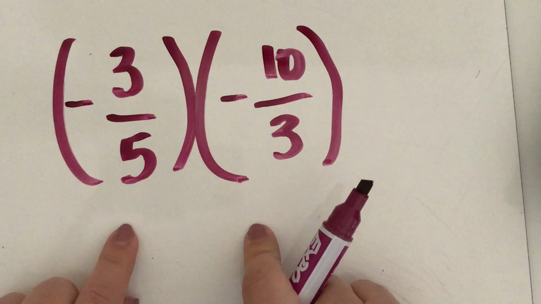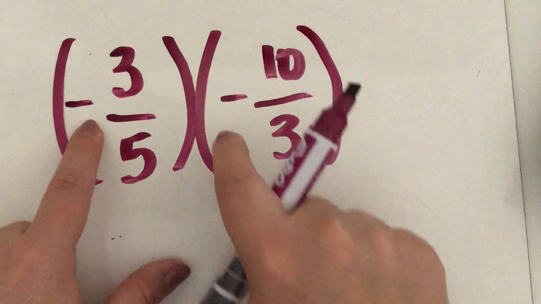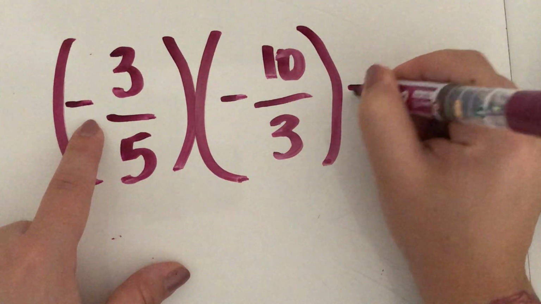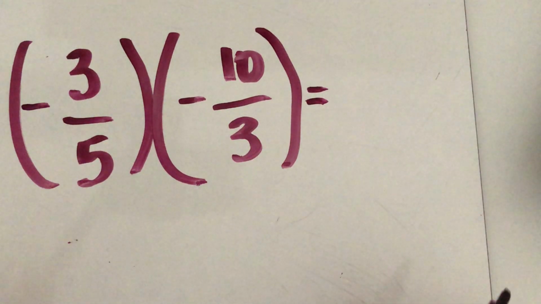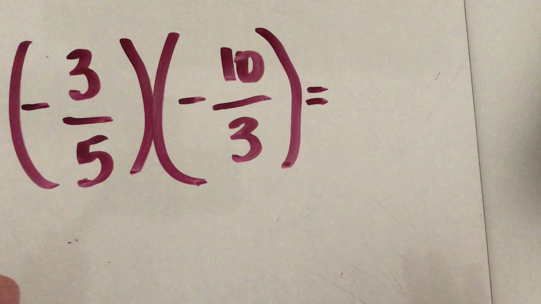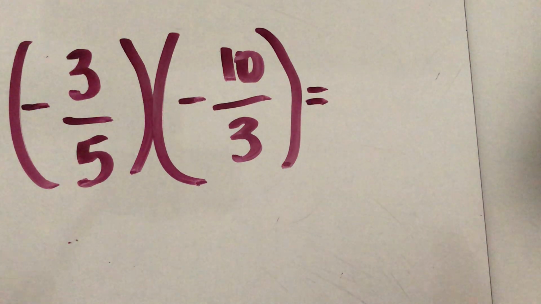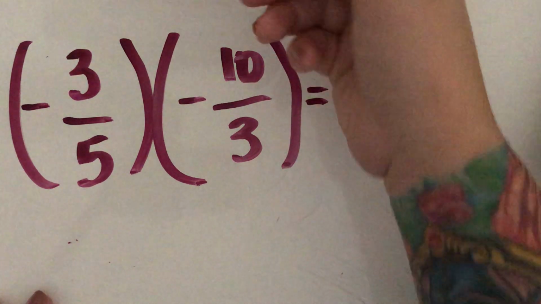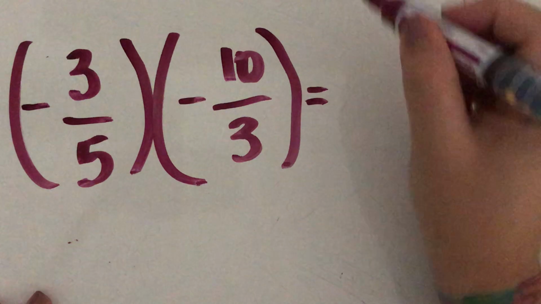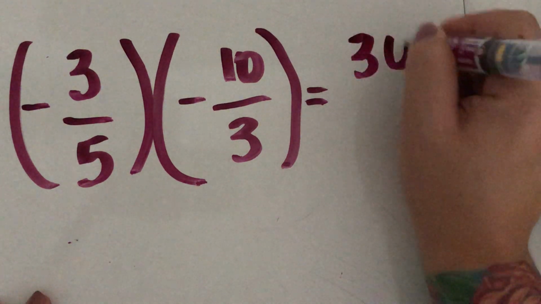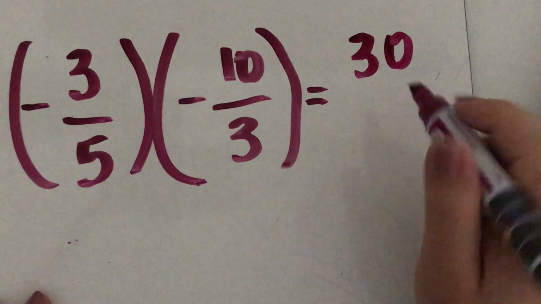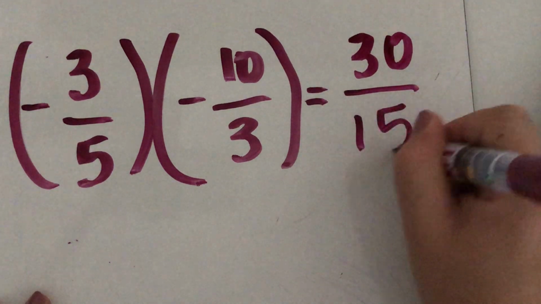Just by looking at my starting problem, I have a negative times a negative, which means that my answer is going to come out to be positive. So I'm not going to put that sign, because that's my invisible sign there. If I don't see anything, positive. So I'm going to do 3 times 10, which is going to give me 30. 5 times 3 is going to give me 15.